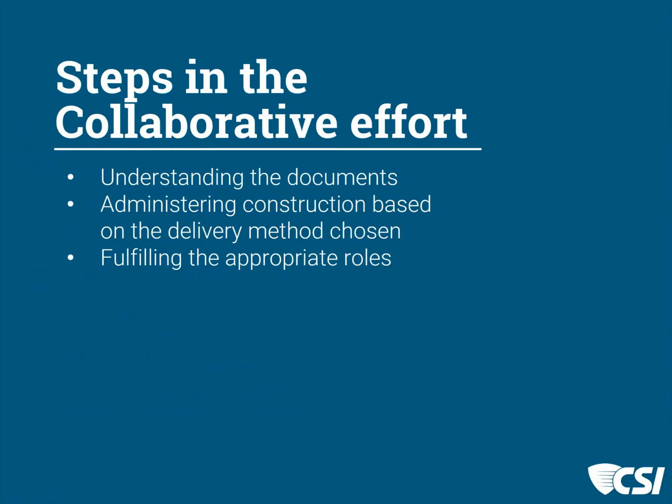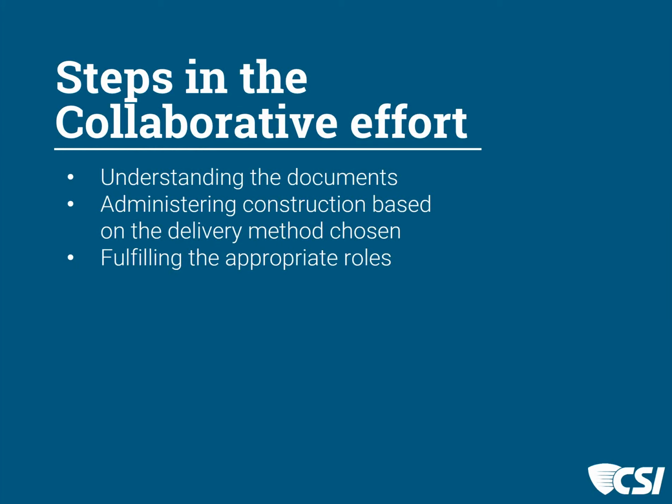The first, understanding the documents. The second, administering construction based on the particular delivery method that we have on the job. And we're going to just touch on a few of those delivery opportunities. And the third, being the fulfillment of our appropriate roles and what is expected of each of the parties to the contract.